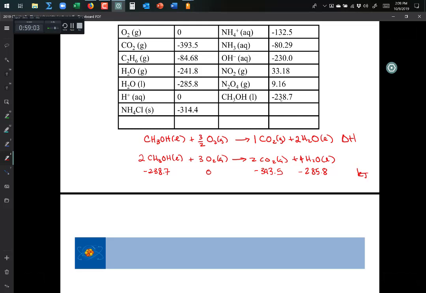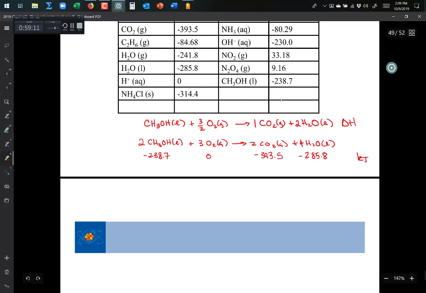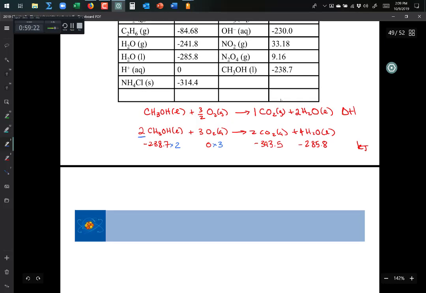Now think about how this is going to have to work. You have to calculate it for every mole of substance. So I have a 2 here, right? So I'm going to have to multiply that by 2. This one's multiplied by 3, but it's 0, so it doesn't matter. The CO2, I'll multiply it by 2. And for the H2O, I'll multiply it by 4.